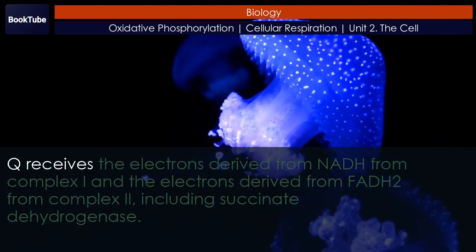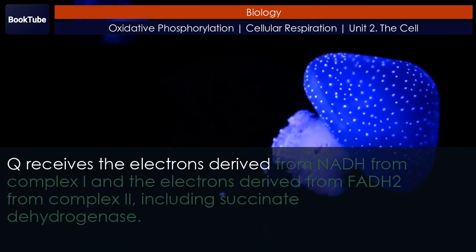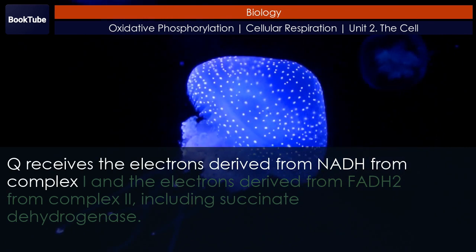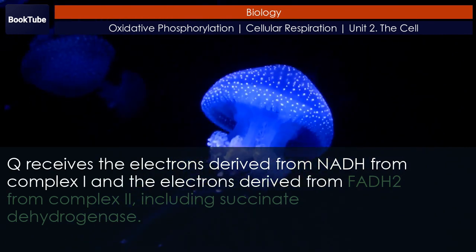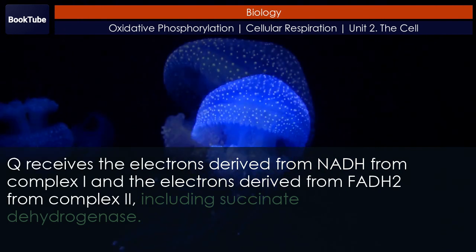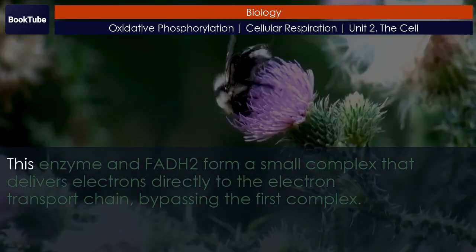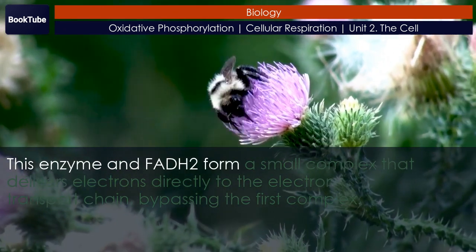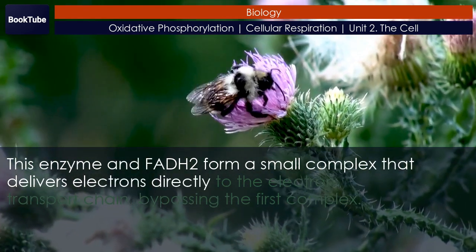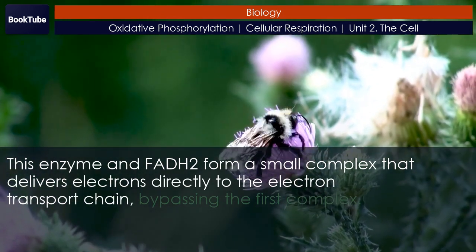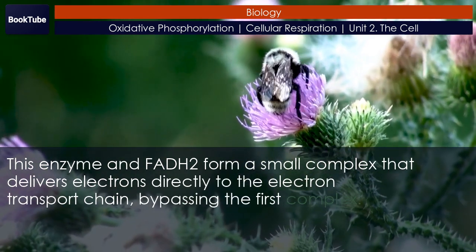Q receives the electrons derived from NADH from complex I and the electrons derived from FADH2 from complex II, including succinate dehydrogenase. This enzyme and FADH2 form a small complex that delivers electrons directly to the electron transport chain, bypassing the first complex.